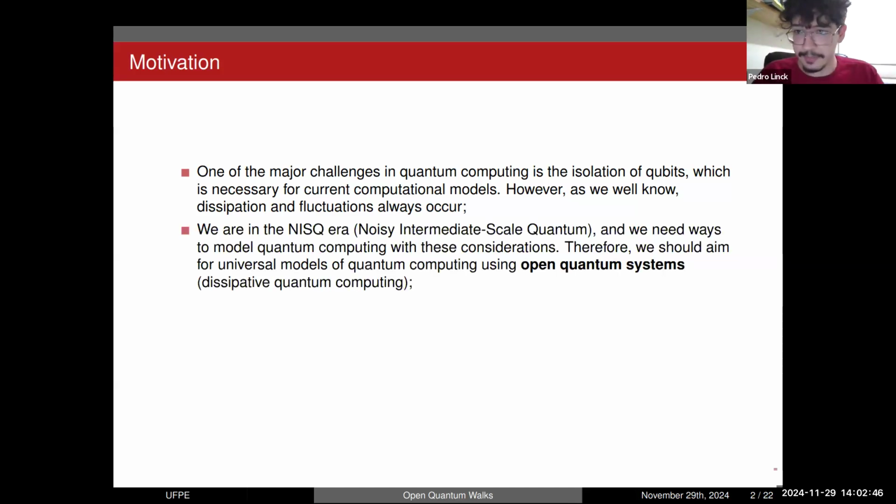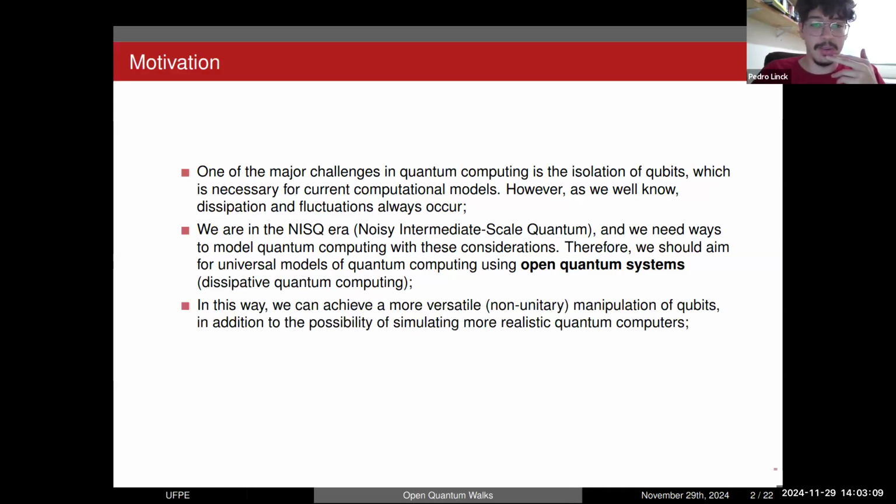We are in the NISQ era, which is the noisy intermediate scale quantum era. And we need ways to model quantum computing using open quantum systems because they are the only type of systems that exist. For this, we need to develop an area called dissipative quantum computing. In this way, we can achieve a more versatile manipulation of the qubits, since now we are not dealing with solutions to the Schrödinger equation.